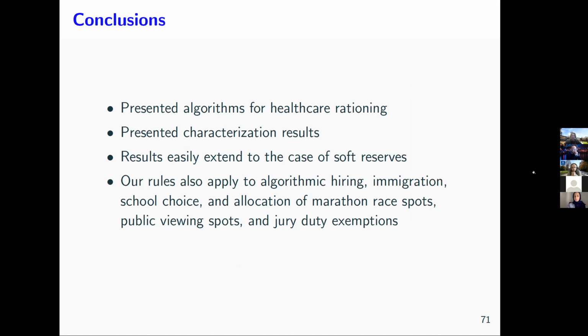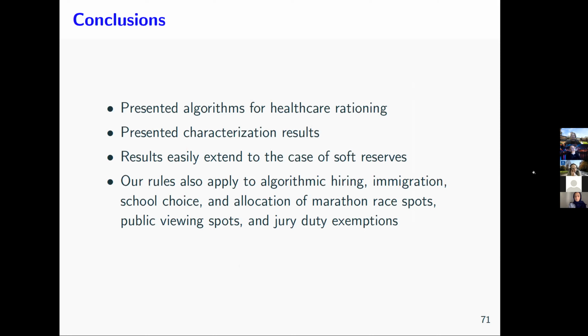Up till now, I have assumed that the outcomes satisfy eligibility requirements, but in certain contexts, you do not want to have a case where, let's say, a vaccine was dedicated for a certain group of people, all those people have been served, and there is some person who would rather get that vaccine, and that person is not eligible for that particular category. For that reason, in matching markets, especially in school choice, people also use what is referred to as soft reserves.